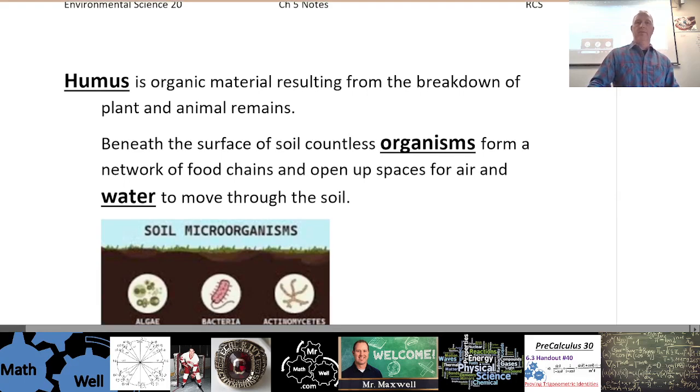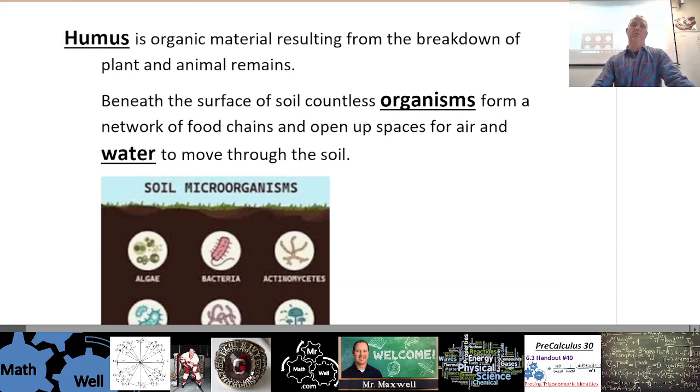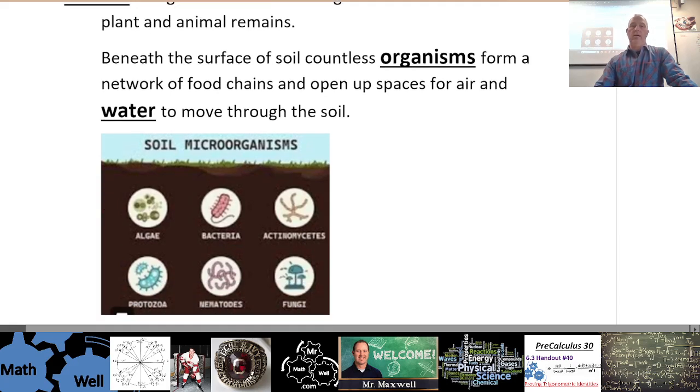There we go, humus. Organic material from the breakdown of plant and animal remains. Beneath the surface of soil, countless organisms form a network of food chains and open up spaces for air and water to move through the soil. So these little bacteria and protozoa and fungi, they move and live and eat and poop and all sorts of stuff.